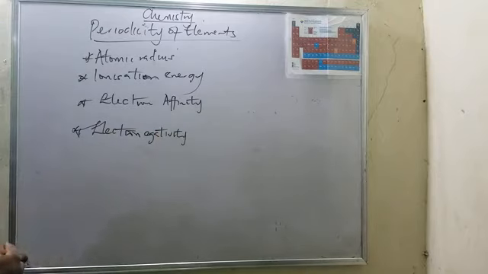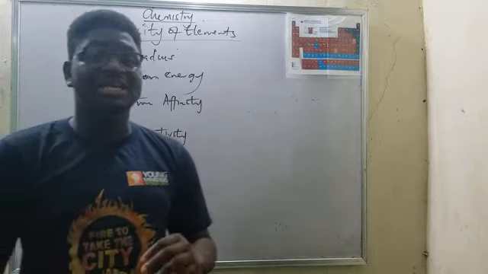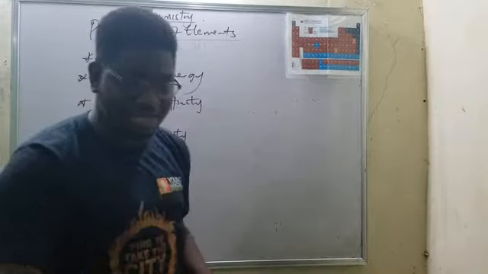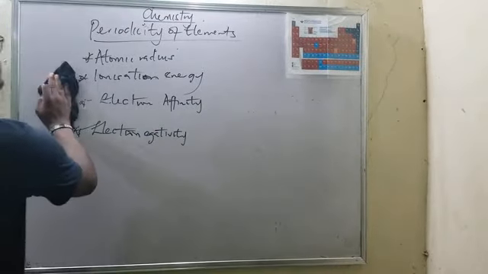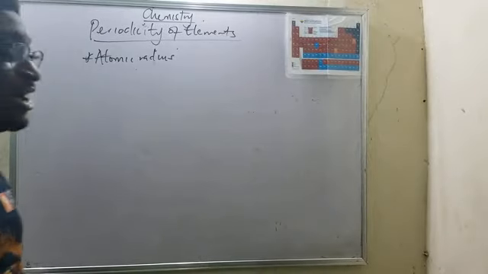One way or the other, these 4 characteristics influence the properties of the elements. As you follow me through this lecture, we will be exploring the 4 of them, but let's start with the atomic radius.